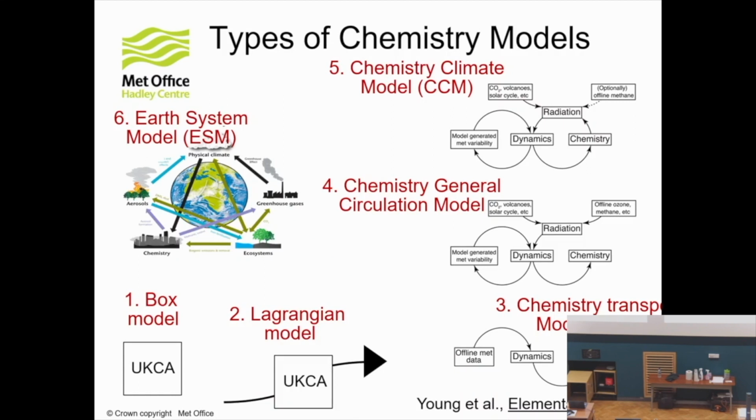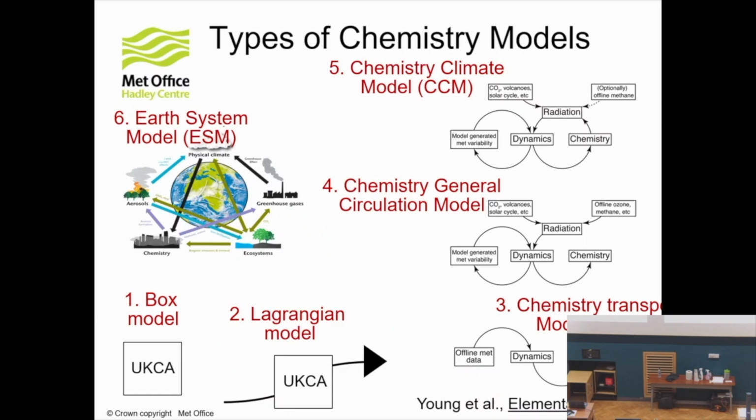So the next level of complexity, if you like, in terms of modelling composition is what we refer to as a chemical transport model. Where before this arrow was representing the flow of a particular parcel through the atmosphere, here these arrows are now representing data flow. We have some offline fields giving us information on winds and temperature and so on.